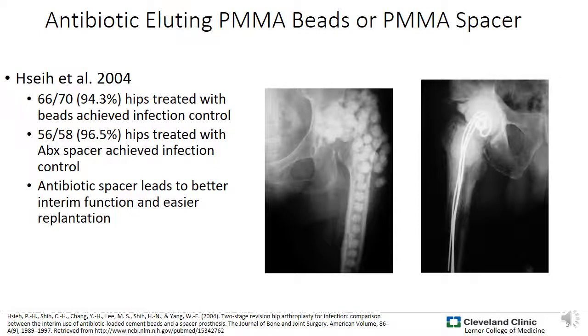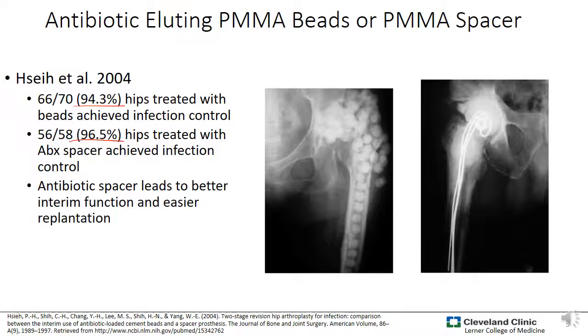Hsee in 2004 published data on this, demonstrating that about 94% of hips treated with beads and 96% of hips treated with an antibiotic spacer in a small case series demonstrated infection control.